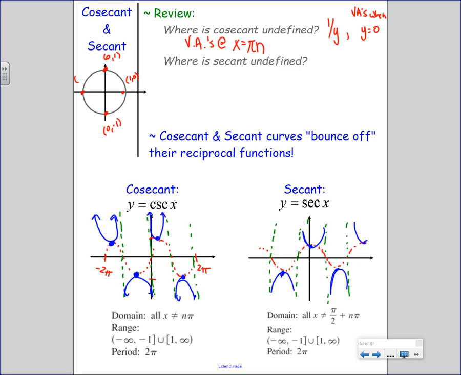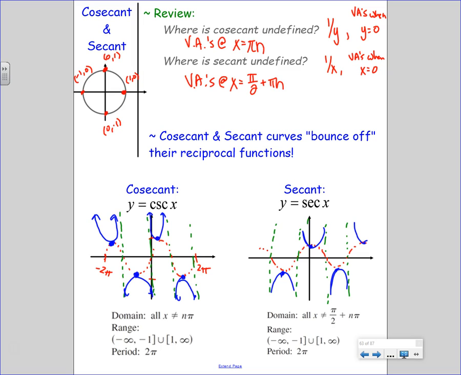If cosecant is 1 over y, then secant is 1 over x, the other guy, which means he's going to have his VAs when x equals 0. Wait, tangent had an x in the denominator, so tangent's vertical asymptotes will be the same. Secant has the same vertical asymptotes as tangent because they both have x in the denominator. Cosecant has the same vertical asymptotes as cotangent because they're both over y.